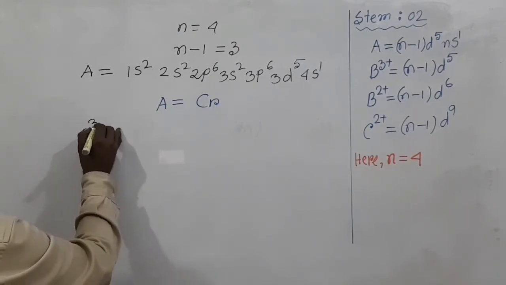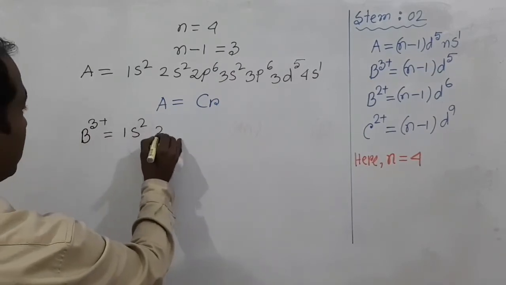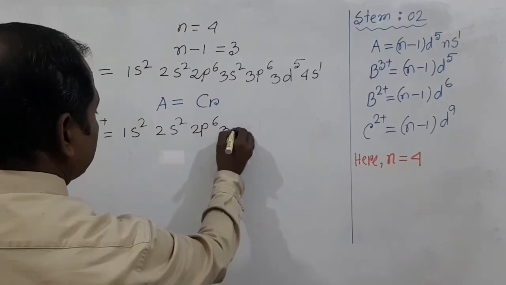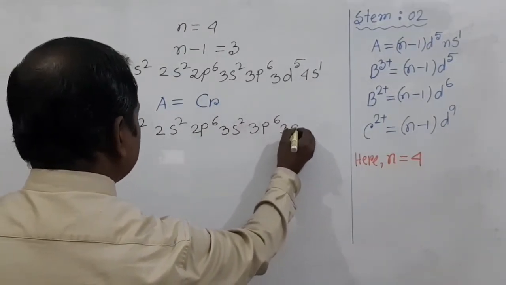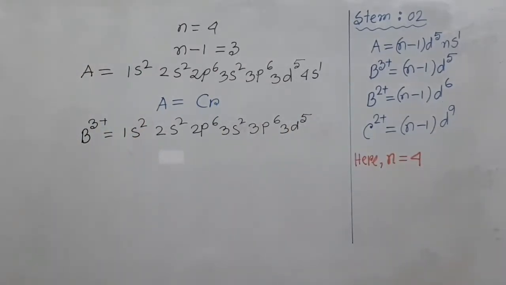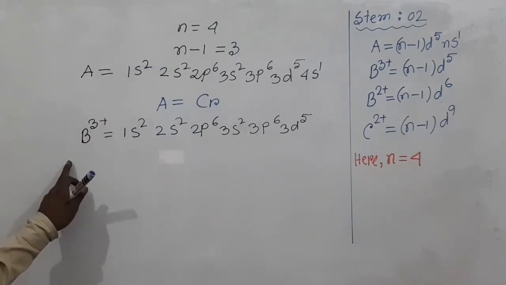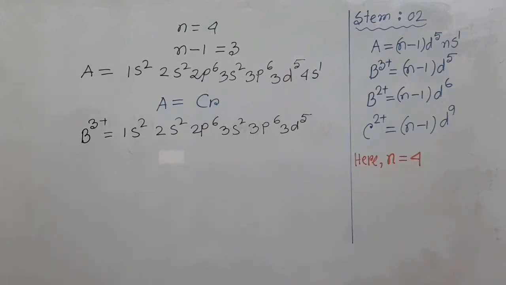and our next electronic configuration for B3+, that is B3+ equal to 1s2, 2s2, 2p6, 3s2, 3p6, 3d5. Here B3+, that means 3 electrons are released from B element.